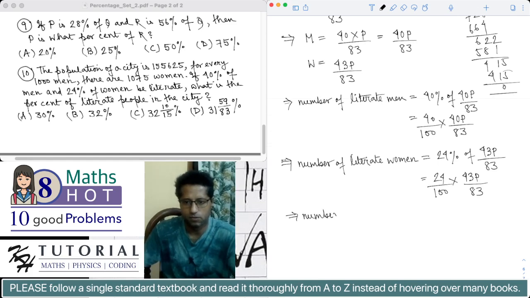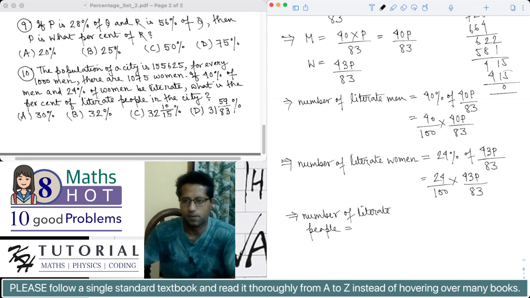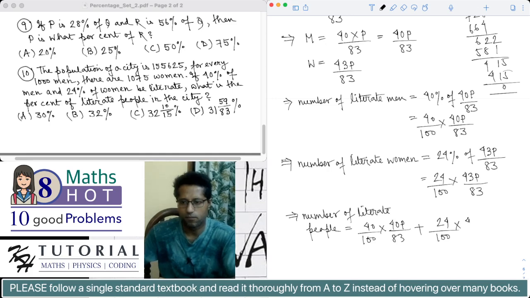So what is the number of literate people? We have individually found the number of literate men and the number of literate women. So the number of literate people will be equal to the sum of the number of literate men and the number of literate women. So this will be 40 by 100 multiplied by 40p by 83 plus 24 by 100 multiplied by 43p by 83.